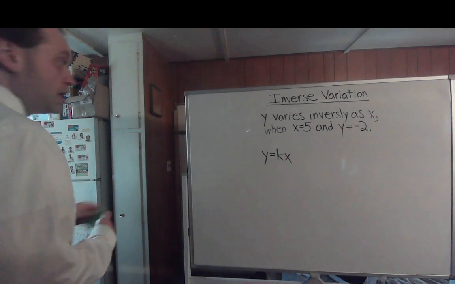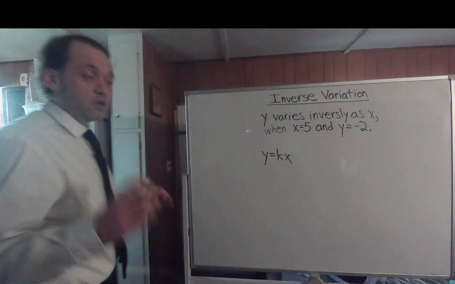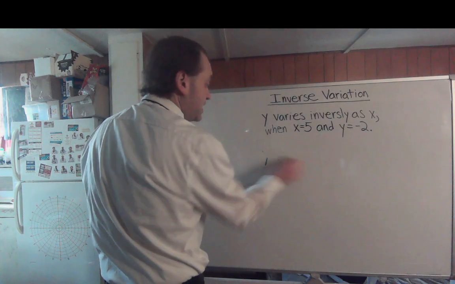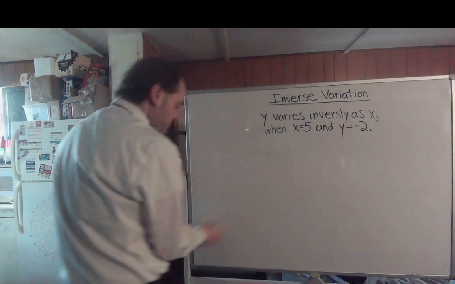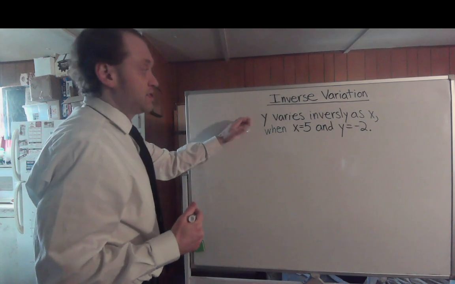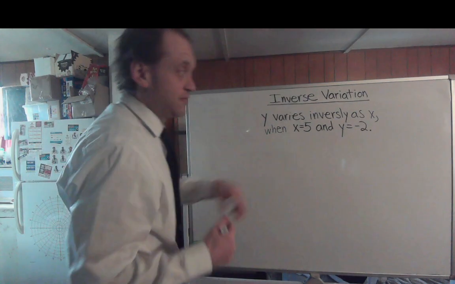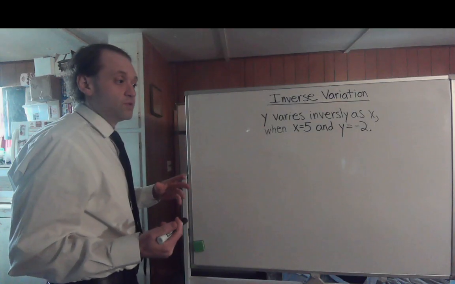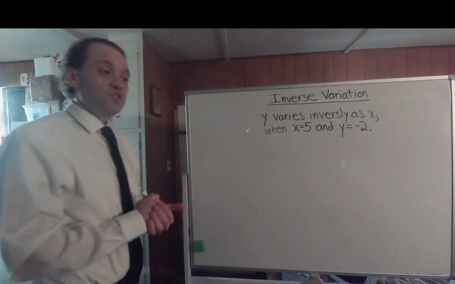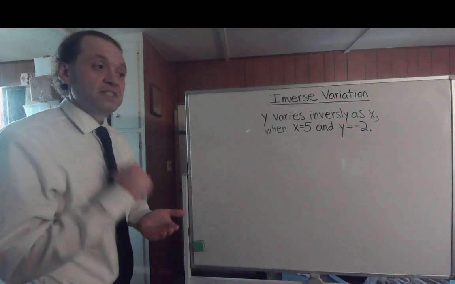But I know in past courses we've also mentioned inverse variation. So here we have y varies inversely as x when x equals 5 and y equals -2. What we need to do first is find the constant of variation.